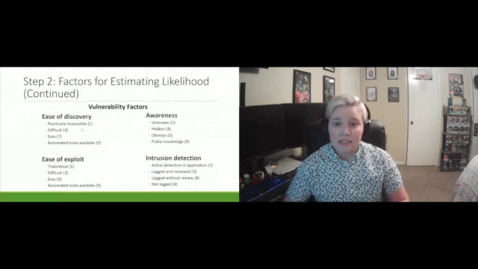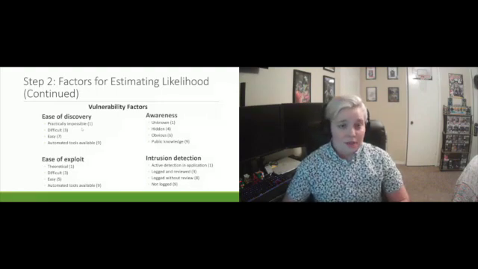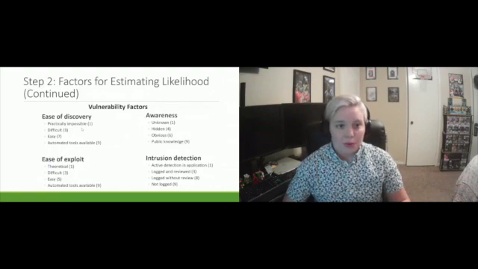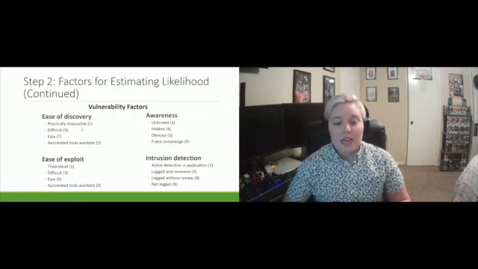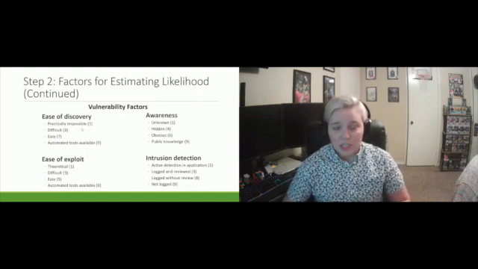How likely is it that a successful exploit of this vulnerability on this asset would be detected by some kind of system? And you can see, again, there's a varying range in values, both qualitatively and quantitatively, that can be used by an analyst or in some kind of automated fashion, depending on your implementation.